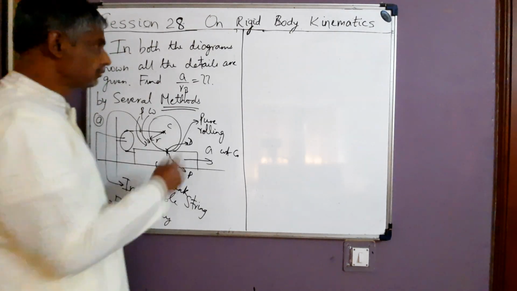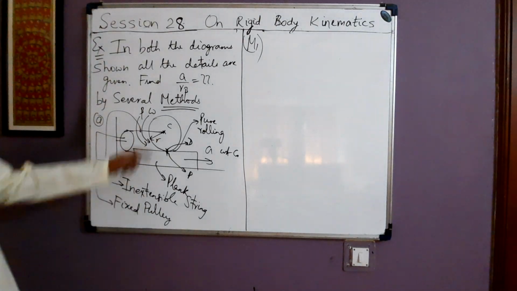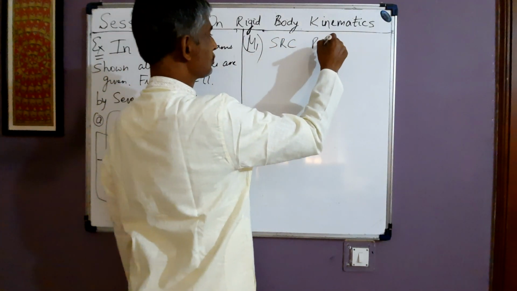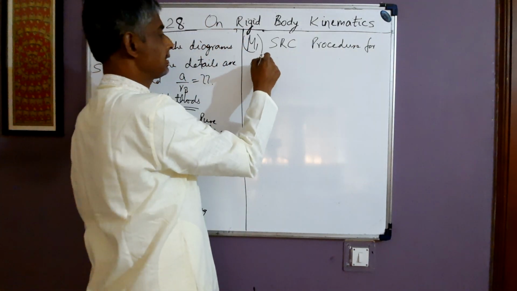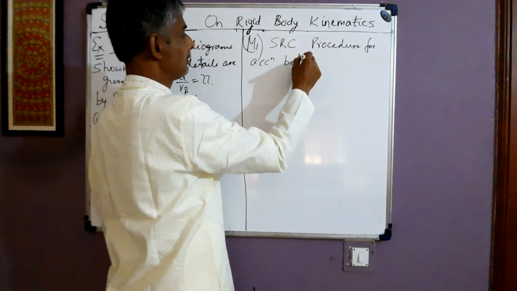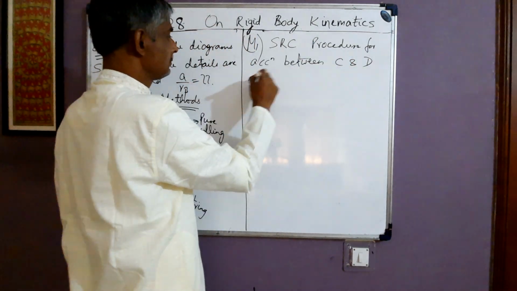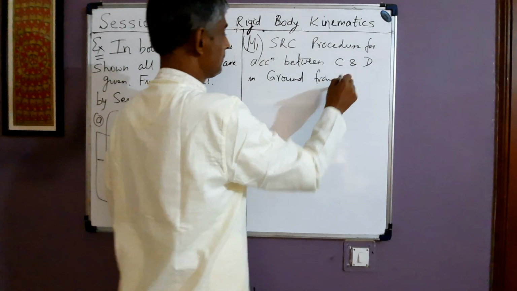So now, method 1. We apply SRC procedure for acceleration between C and D in ground frame.